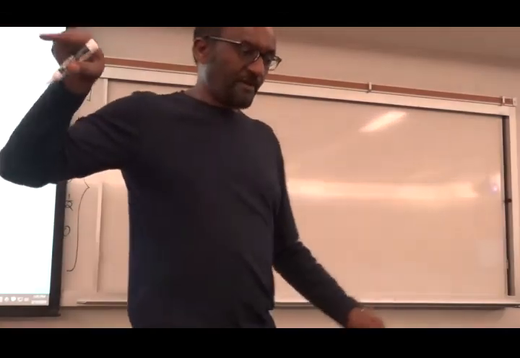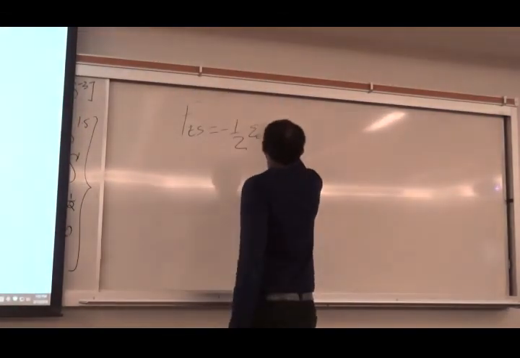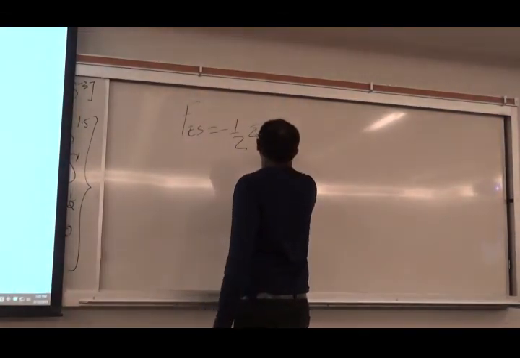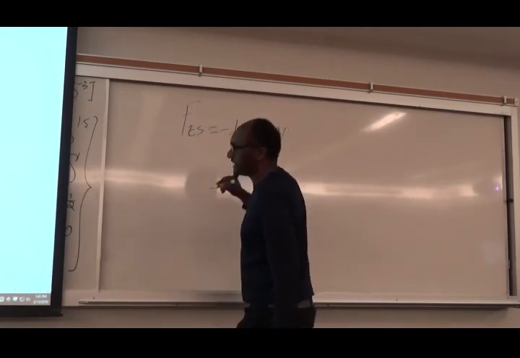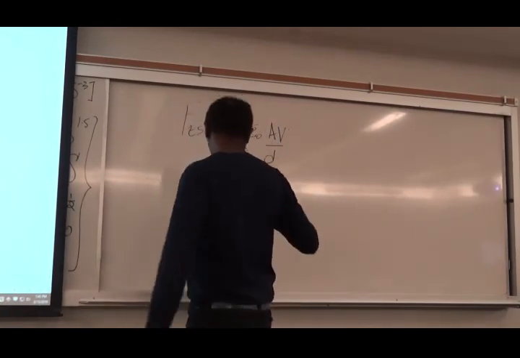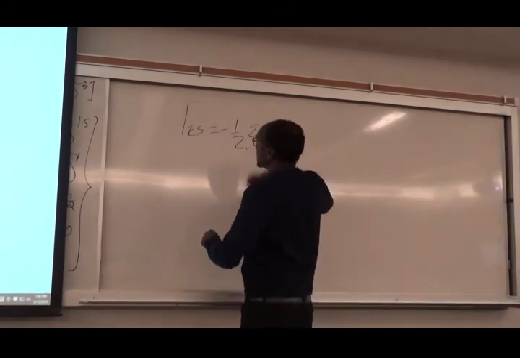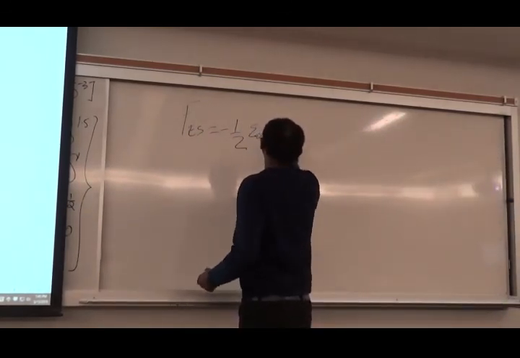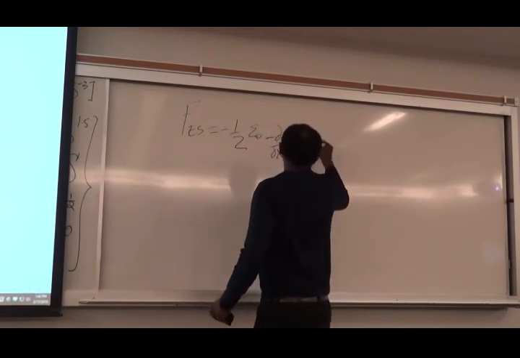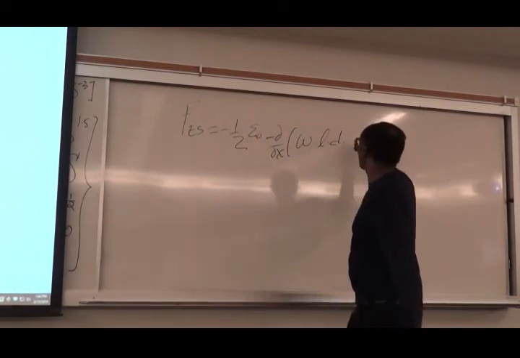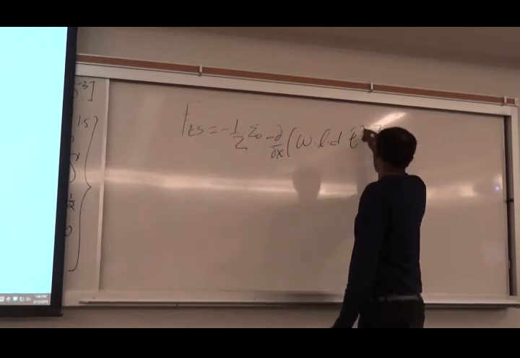If you simplify that it may end up confusing you, so let me keep it in differential form, okay? Minus d by dx of W times L times D times E squared.